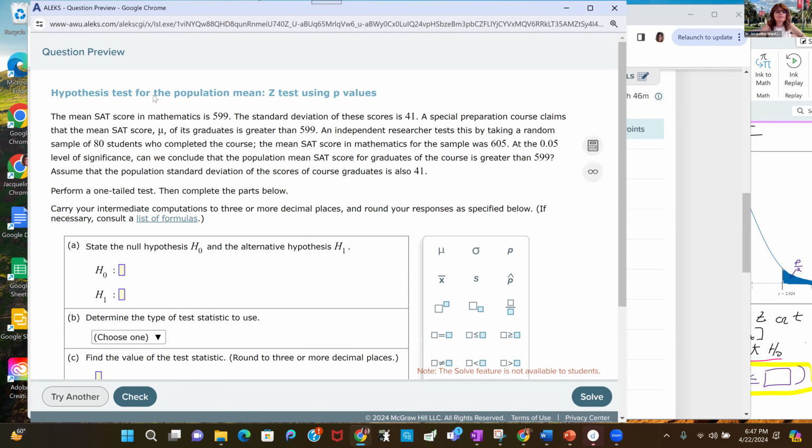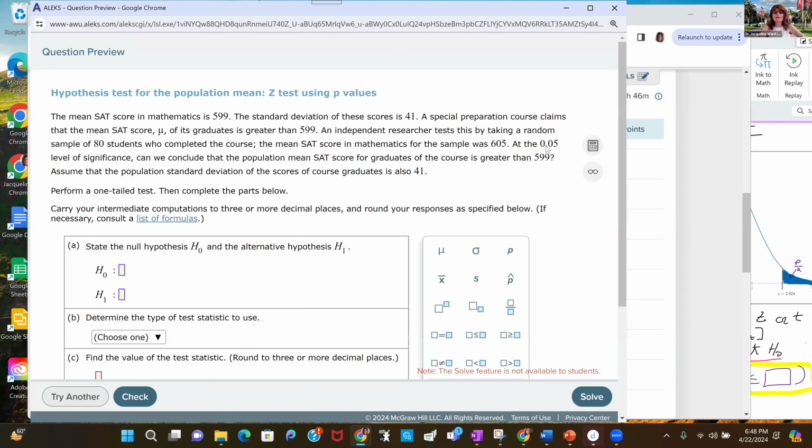Let's just see another one. Mean SAT score, standard deviation, special prep course claims that the SAT score is greater than 599. So an independent researcher tests this by taking a sample of 80 students and the mean in the sample.